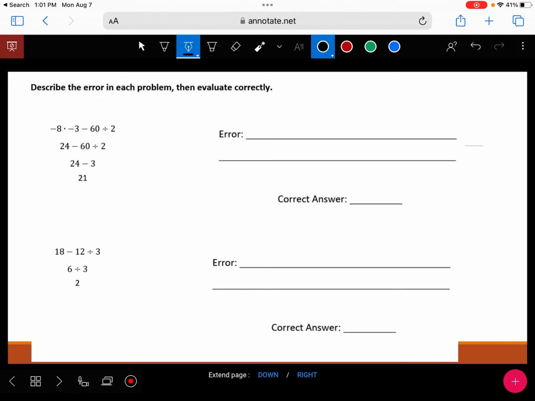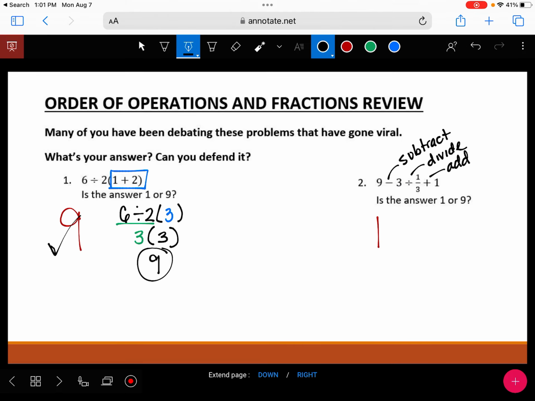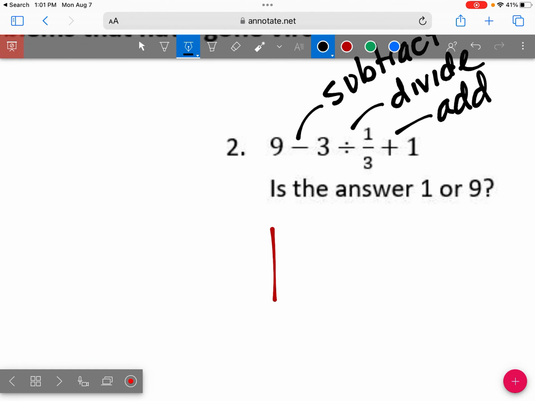In your calculator, go ahead and put 3 divided by 1/3. 3 divided by 1/3 is 9. So that would be 9 minus, and then we figured out that that's a 9 plus 1.